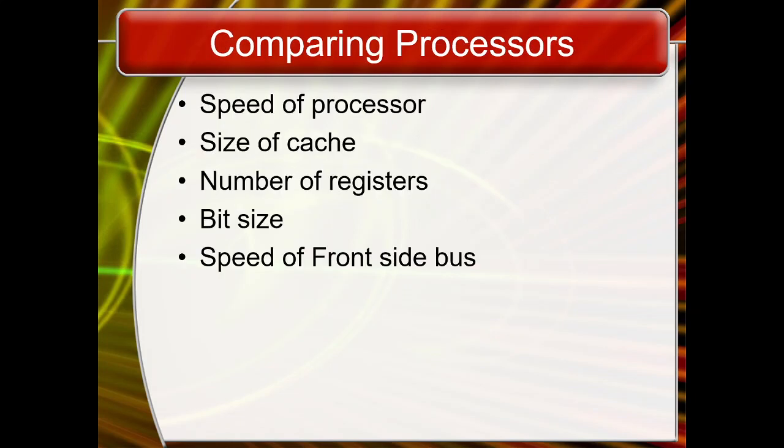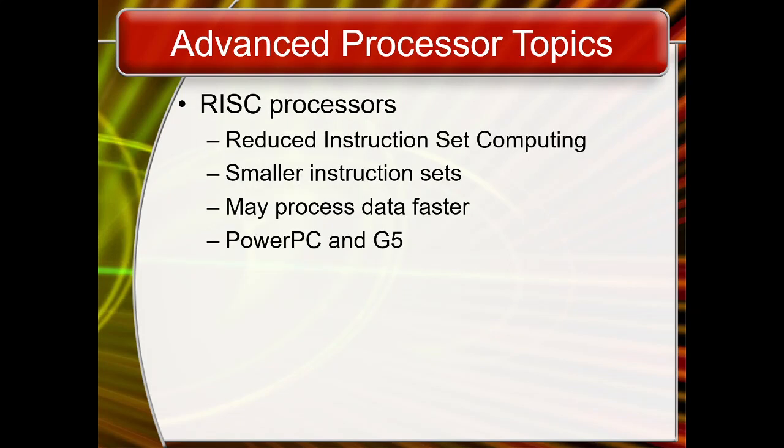Comparing processors includes the speed of the processor, size of cache, number of registers, bit size, and speed of the front side bus. Advanced processor topics include RISC, an abbreviation of reduced instruction set computing. They include a smaller instruction set and may process data faster.